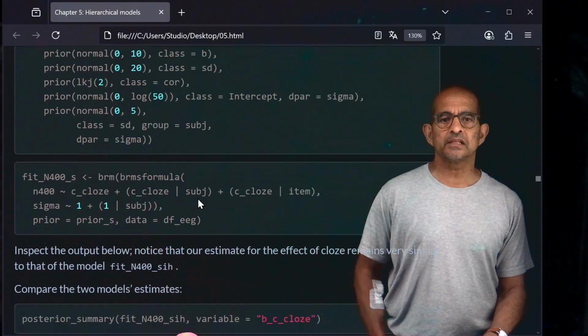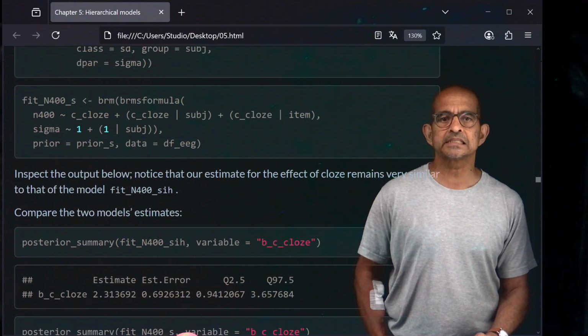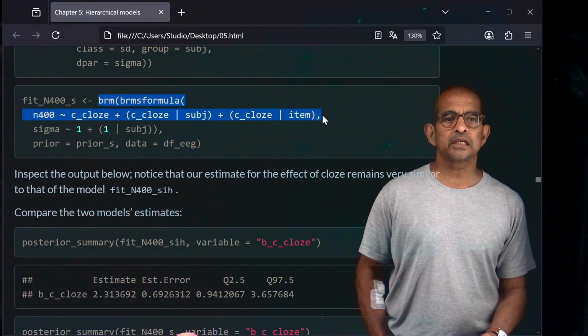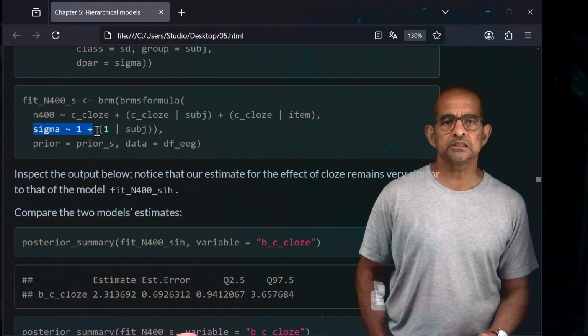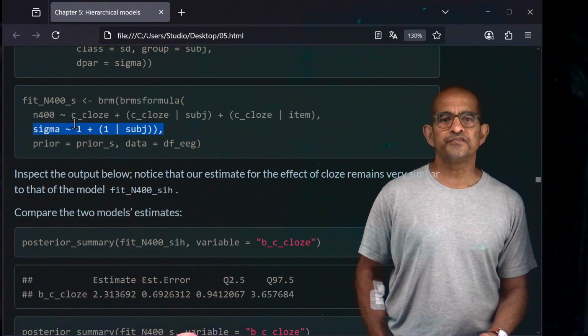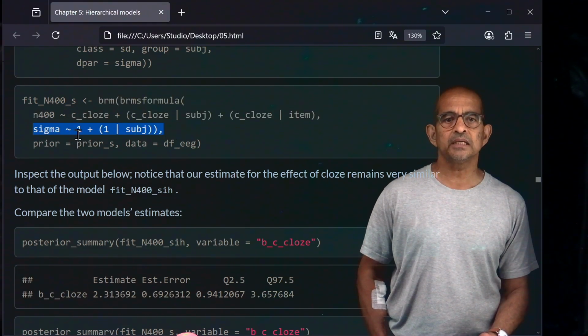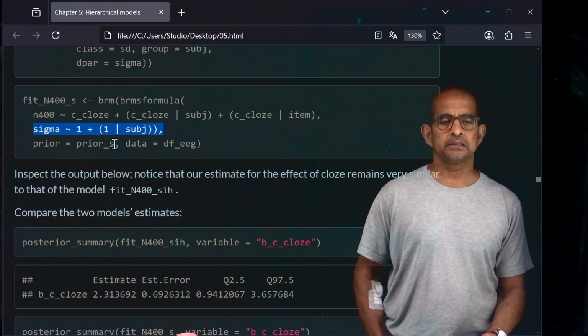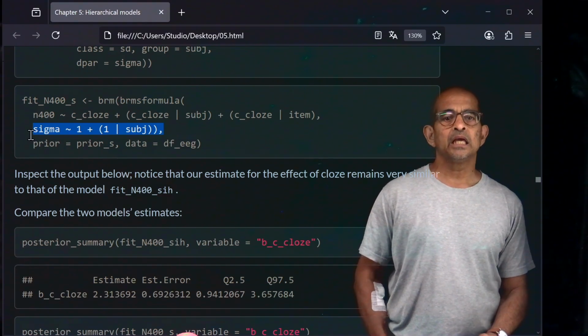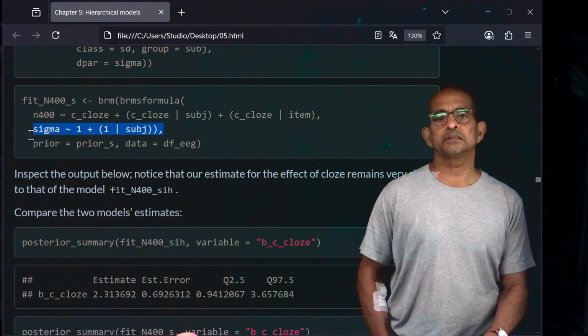In the model itself, if you look at the brms syntax, there is one more thing that you have to write. So the standard model that we have seen so far comes here. After that, there's a comma, and then comes the specification that I'm going to have a fixed effect intercept for sigma, and then varying intercepts by subject, right? So that's the new thing that you would write if you were doing a distributional regression, right?